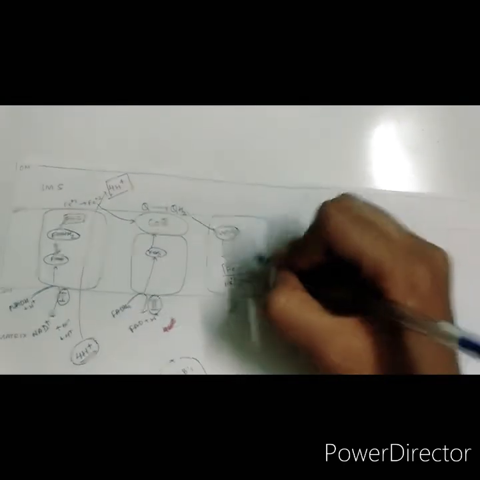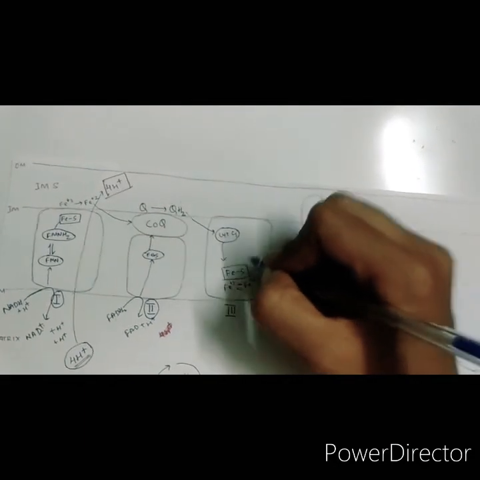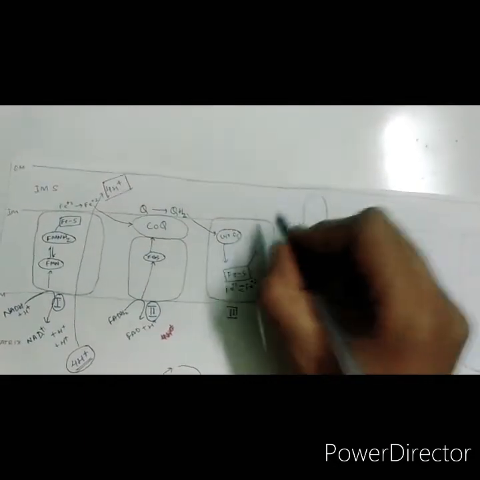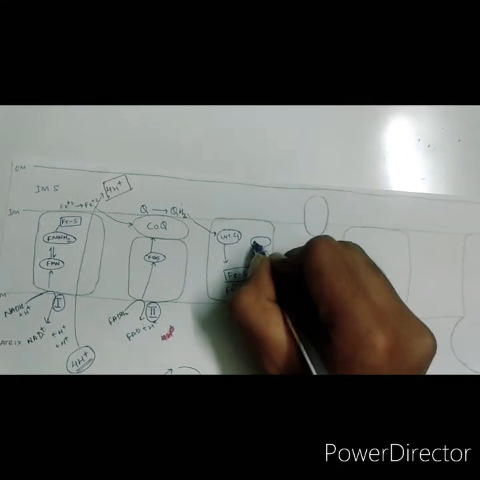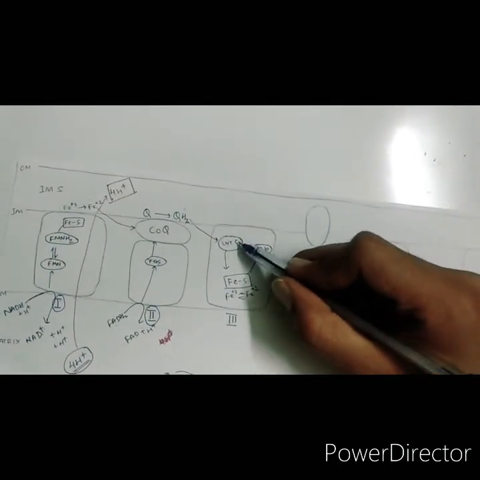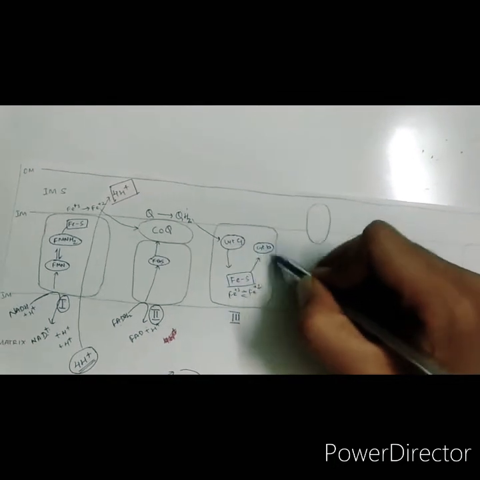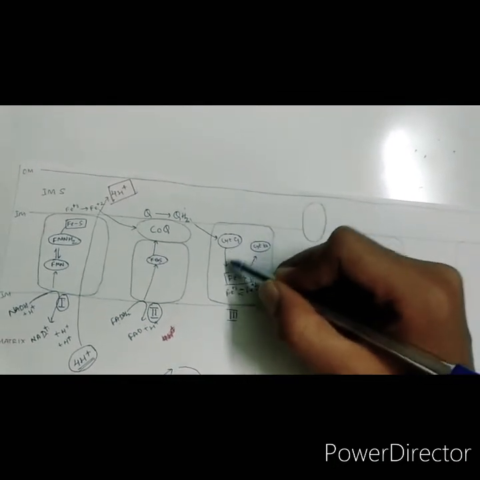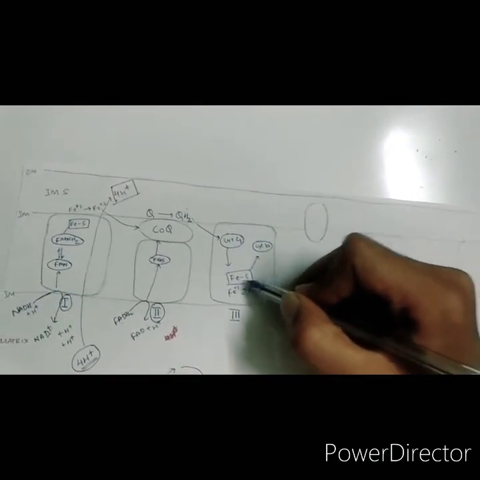Now this reduced form, Fe plus 2, of the iron sulfur proteins donates the electrons to cytochrome B. So this is a complex wherein cytochrome C1 and cytochrome B are oxidized or reduced via iron sulfur proteins.